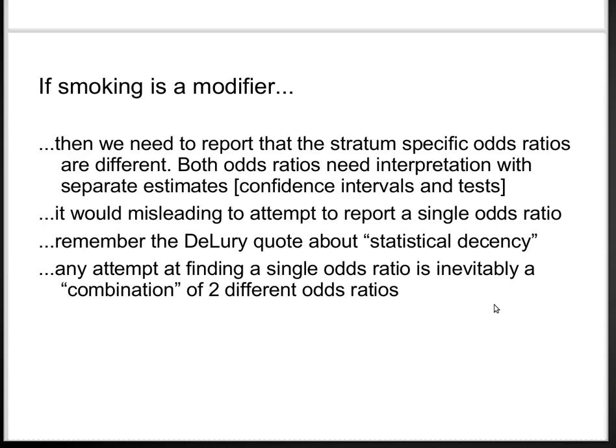Professor Delury's quote about statistical decency. And any attempt at finding a single odds ratio is inevitably a combination of two different odds ratios. And we can say, if we try to do that, are we distorting or deceiving? Yes, indeed.